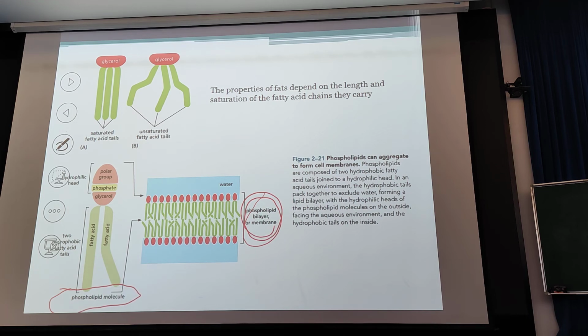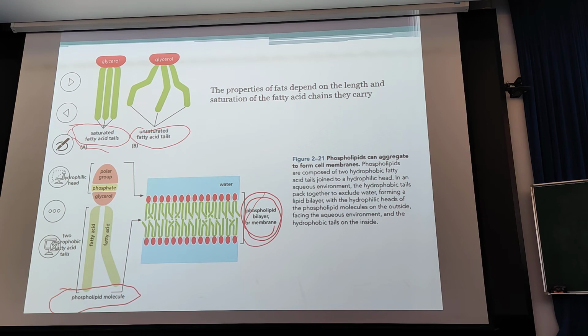Who can explain to me why here we have saturated fatty acids and unsaturated fatty acids? What is the difference between them? Yes, please.